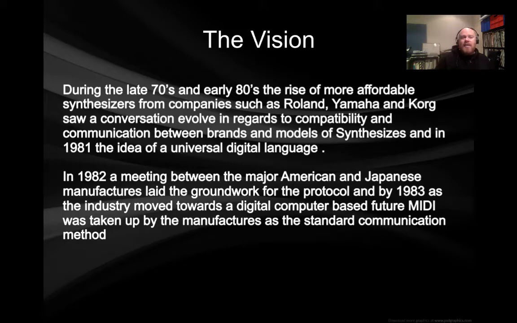And in 1981, the idea of a universal digital language started to come about. In 1982, there was a meeting between the major American and Japanese manufacturers, which laid the groundwork for the protocol. And by 1983, as the industry moved towards a digital computer-based future, MIDI was taken up by the manufacturers as the standard communication method. So this is pretty amazing if you think of it in today's world.